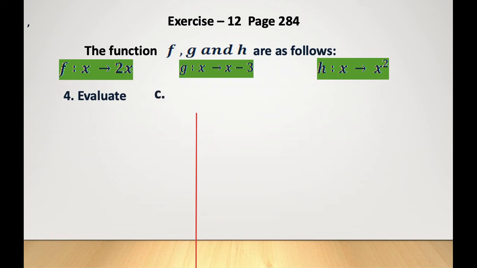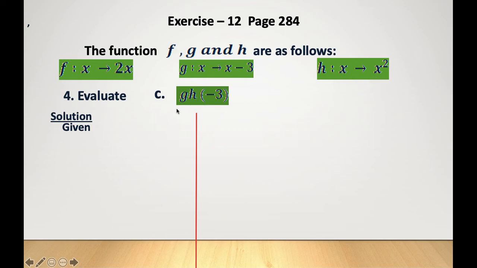For part C, it is g of h of negative 3. That's our question, so we will evaluate g of h of negative 3. Given here, g of x is x minus 3 and h of x is x squared.